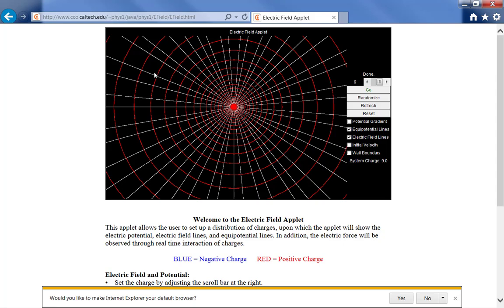Anywhere on this circle, the electric potential will be the same, which is consistent with a couple of things. The first thing it's consistent with is the V equals KQ over R portion. In order to get V to be constant, I need R to be constant. So that's a constant radius, if you will.